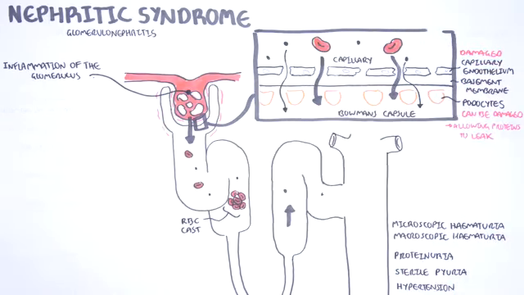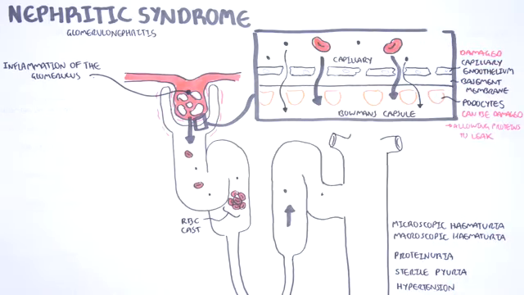The second type is post-streptococcal glomerulonephritis. And here there is deposition of immune complexes forming subepithelial humps. And there's also presence, obviously, of anti-streptococcal antibodies in the blood. The third type of immune complex mediated glomerulonephritis is lupus nephritis.